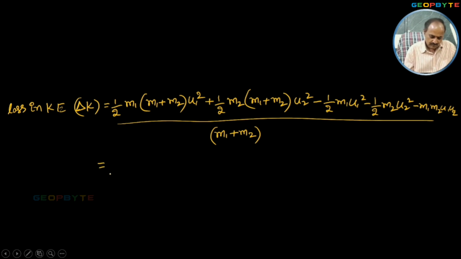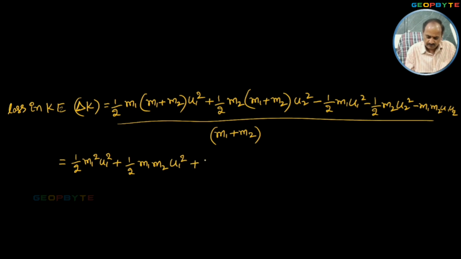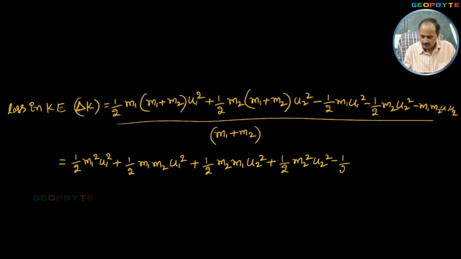It is equal to, let us simplify this part, half m1 square u1 square plus half m1 m2 u1 square plus half m2 m1 u2 square plus half m2 square u2 square minus half m1 u1 square minus half m2 u2 square minus m1 m2 u1 u2.